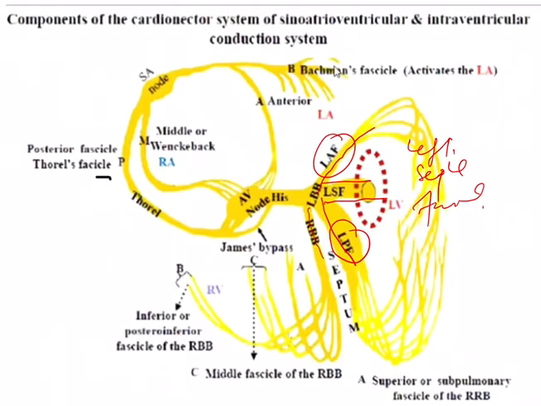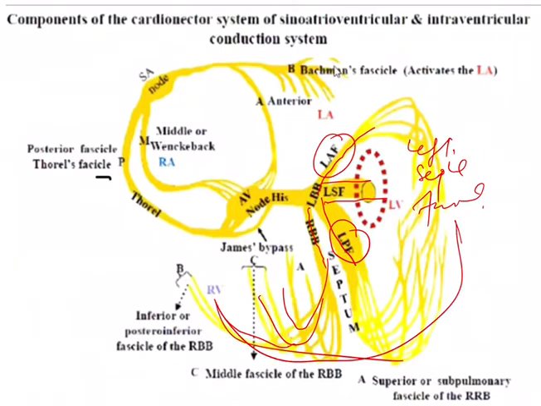And the right bundle branch divides into the Purkinje system, or Purkinje fibers, and when they are stimulated, they cause the contraction of the ventricles.